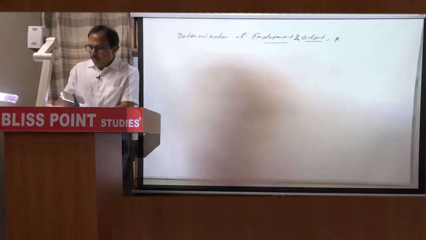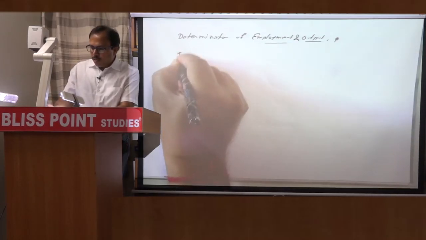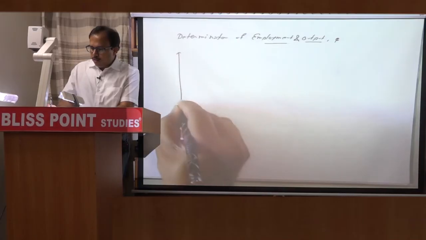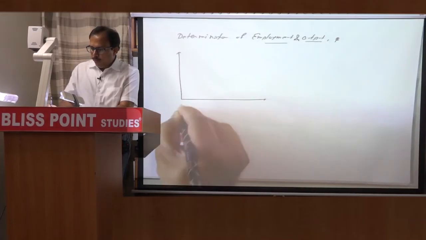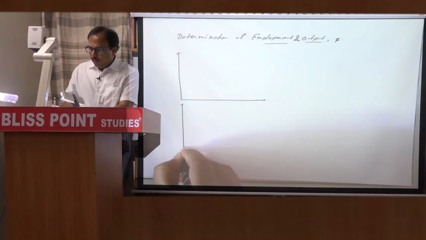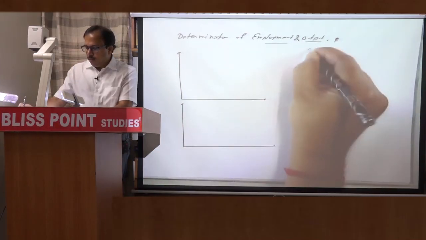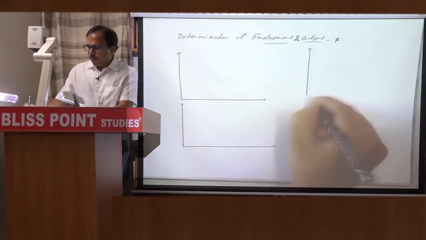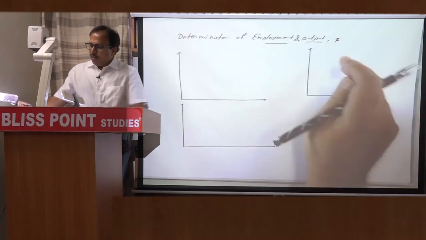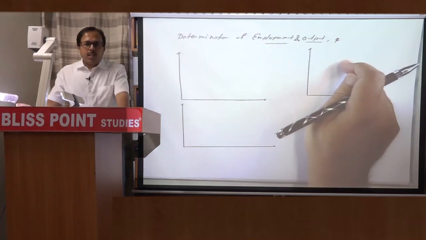And we are deriving in fact the aggregate supply curve. So you can draw three diagrams here in this format. In this part we will be deriving the aggregate supply curve.